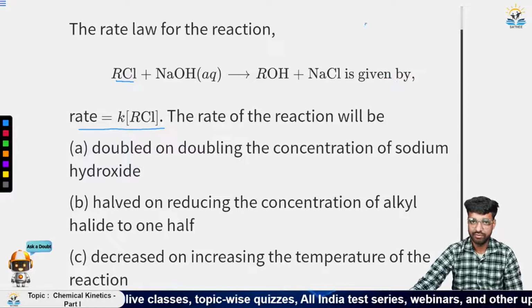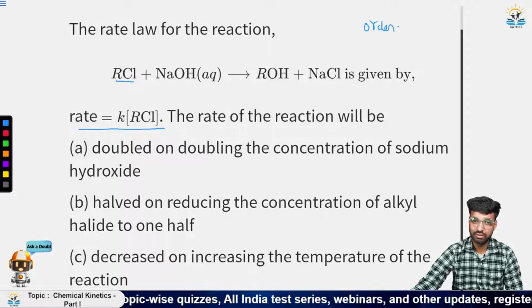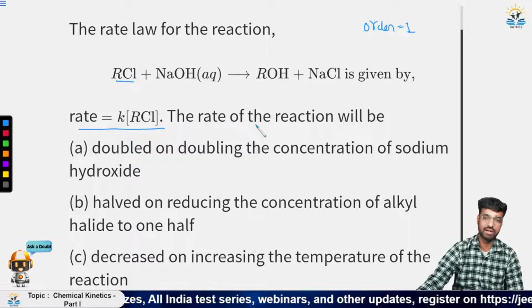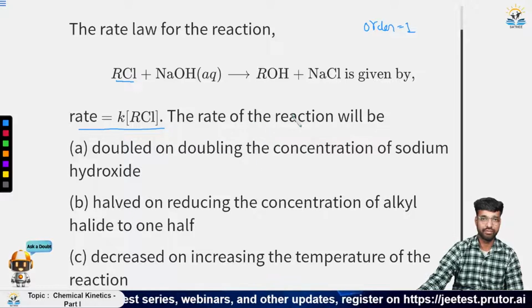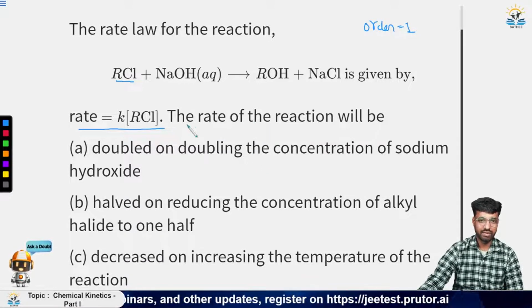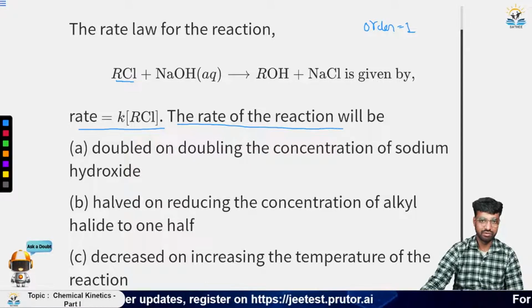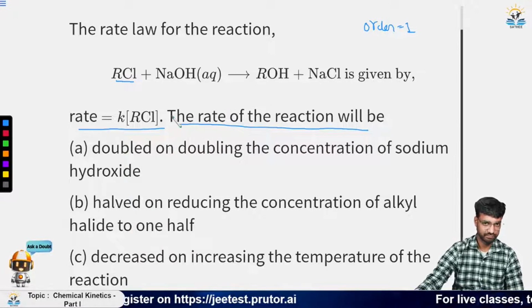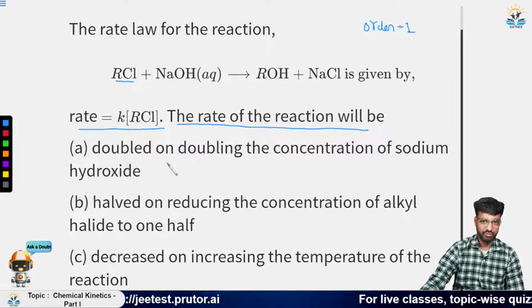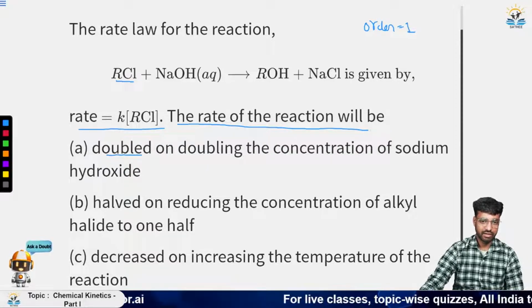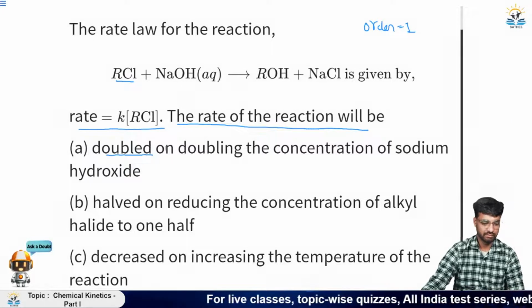So if you solve a numerical, just note down things very quickly. First of all, the data that is given, it will be easy to solve this question. What is asked? The rate of the reaction will be doubled on doubling the concentration. So let us see how we'll solve it.